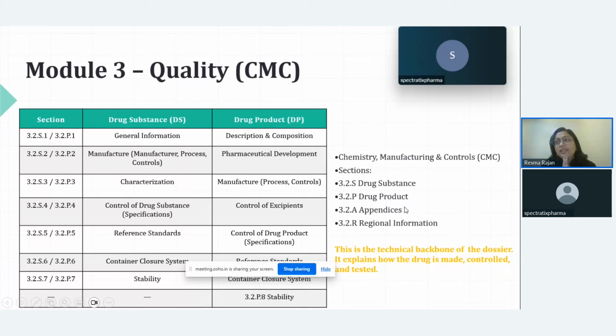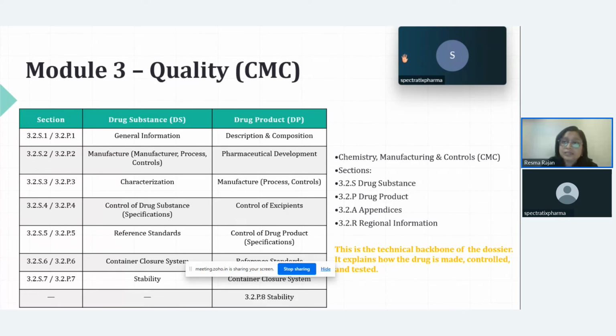Whenever you manufacture a drug product, for example a biological product, take a monoclonal antibody, bevacizumab, which is used for the treatment of cancer. For this product, you need to fill the CMC section.